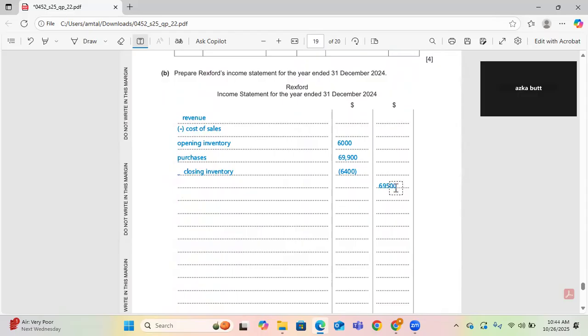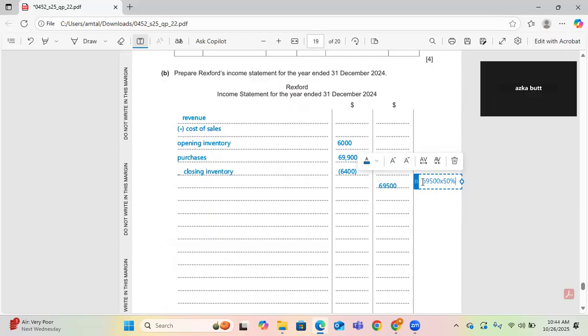Okay, so let's multiply then. Let me write it here. This is 69,500 and multiply with the 50%.